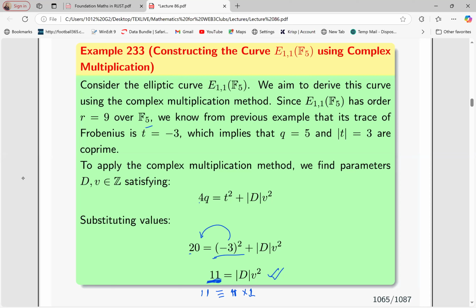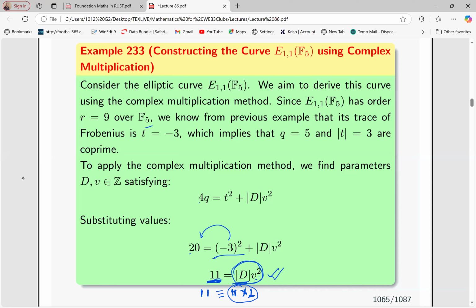You cannot find two other numbers, because these are two numbers, b squared and d, and d multiplied by b squared gives us the number on the left. But the number we have on the left is a prime number, so it can only be written as 11 times 1.